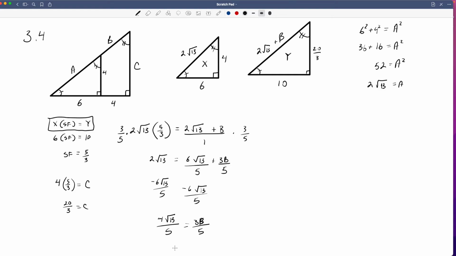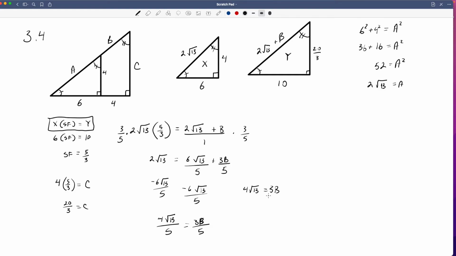Now, we know that with equations, if they are both over the same denominator, what can we do? We can get rid of the denominator. So that means that I have 4 times the square root of 13 is equal to 3b.